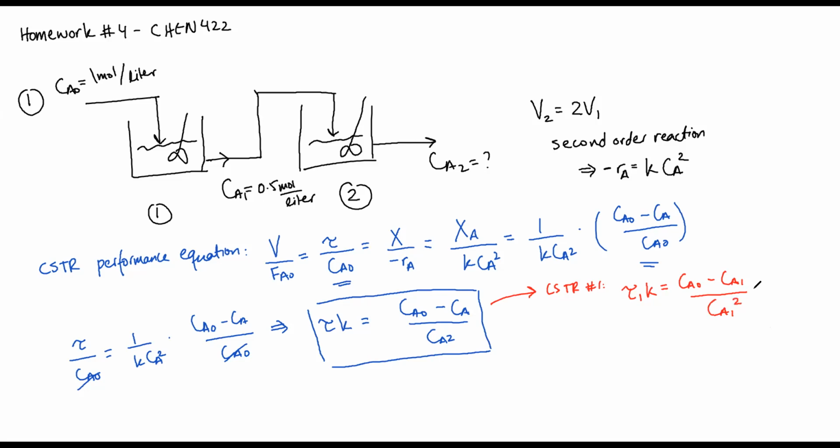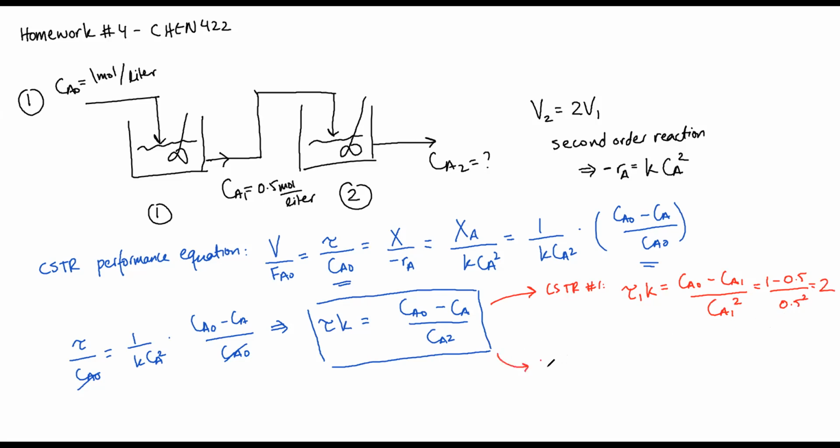And I can plug in numbers at this stage, so I have CA0, it's basically 1, right? 1 minus 0.5 over 0.5 squared, and this is equal to basically 2, right? Because this is half, half cancels with half, 1 over 0.5 and 2.